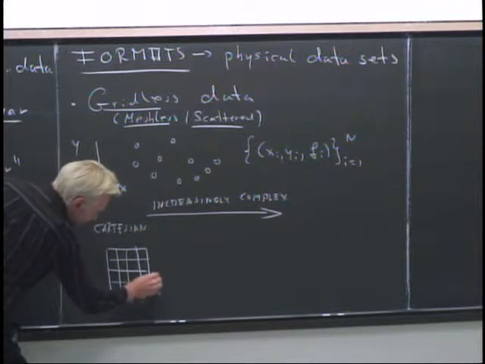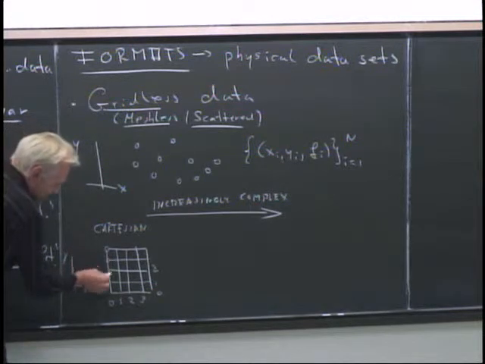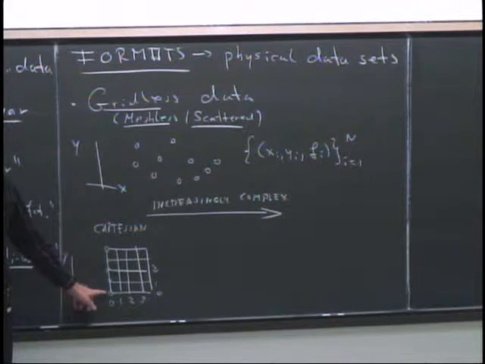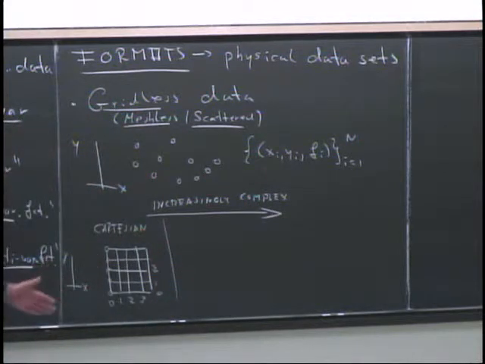And this is also location 1, 2, and so forth, right? So for these particular points, you do not really need to store the x and y. It's there. It's the integer index, right?